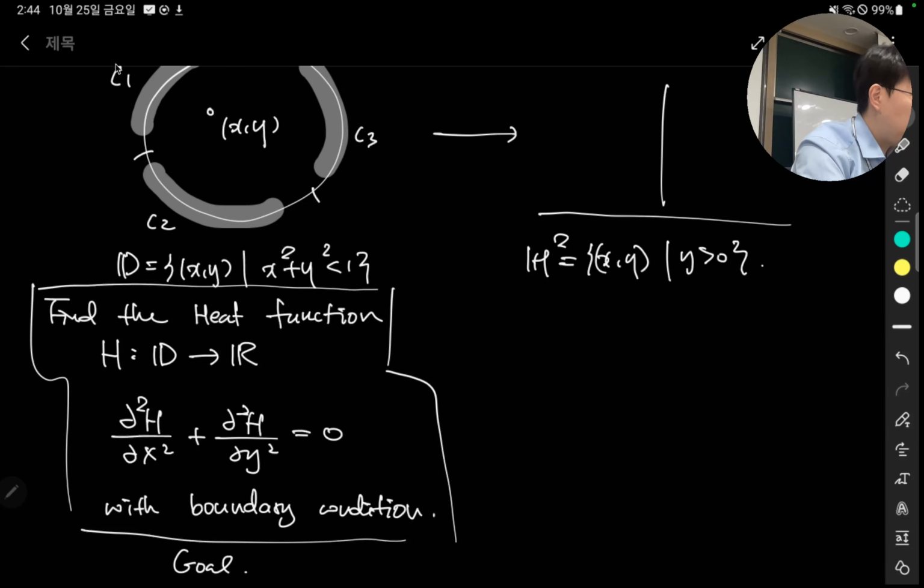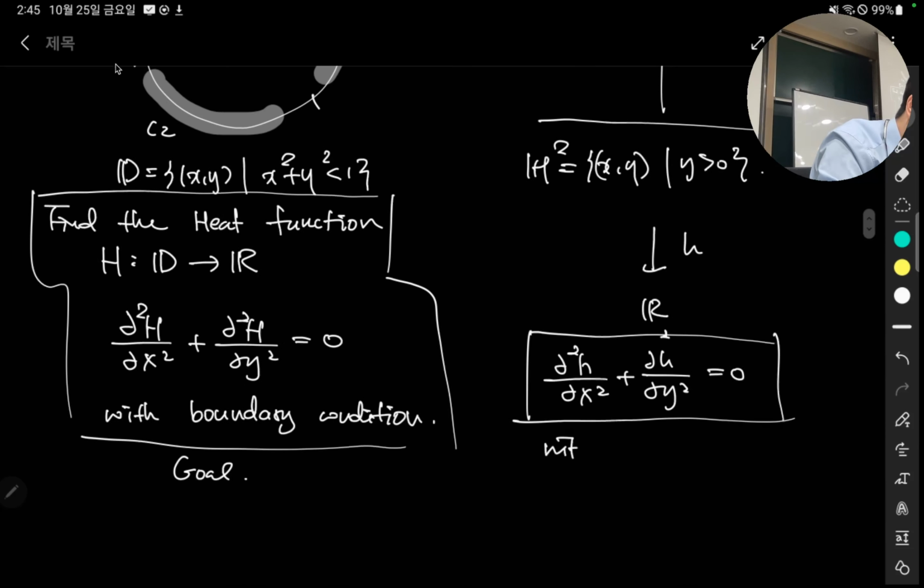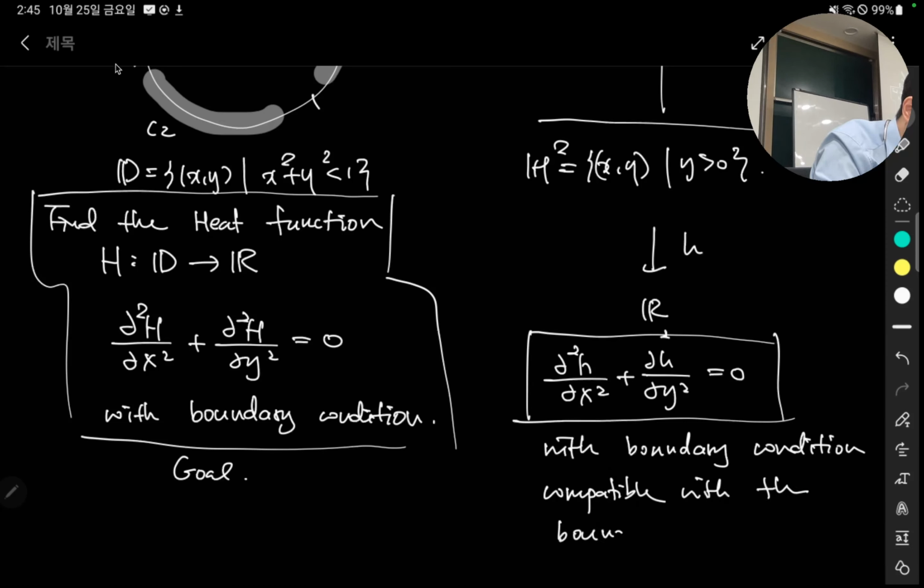And on the upper half plane, I'm going to find a map h to R that satisfies all the same conditions that our goal requires. So h, the small h, is a harmonic map, satisfying this partial differential equation, with boundary condition compatible with the boundary condition on the disk.